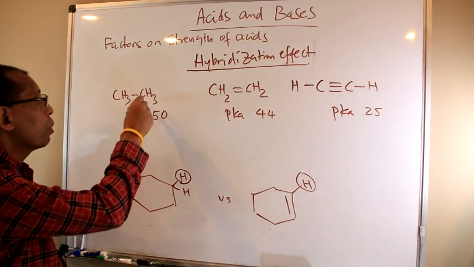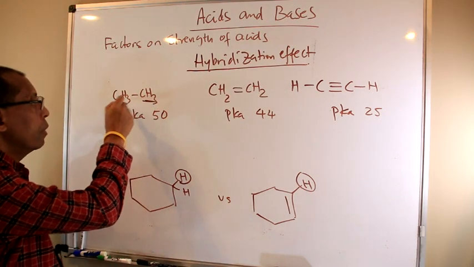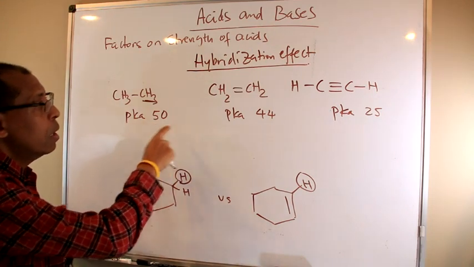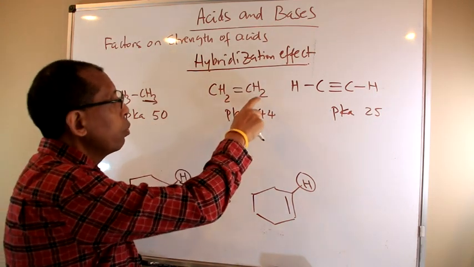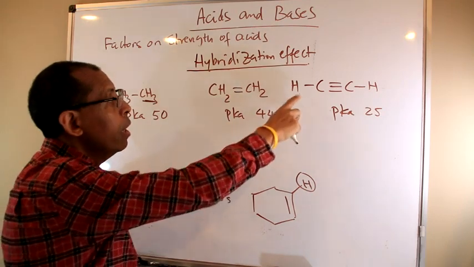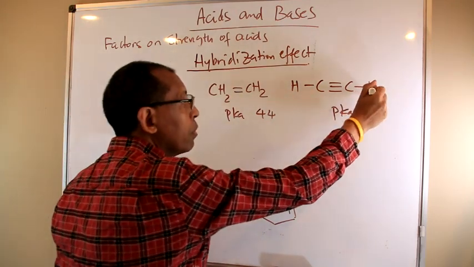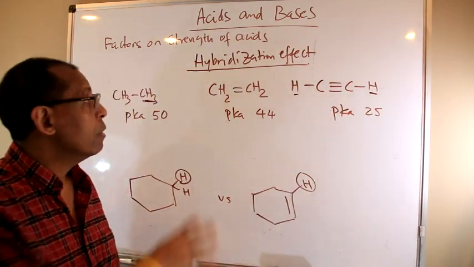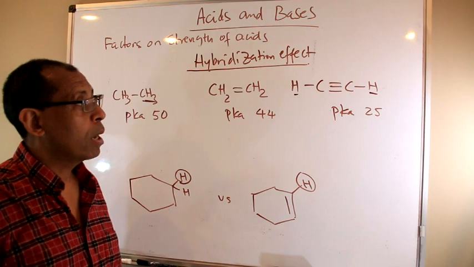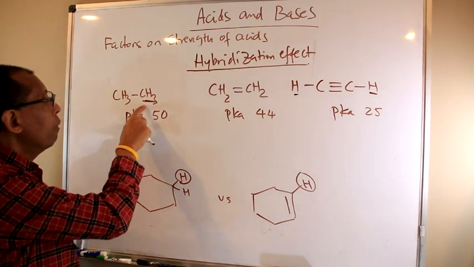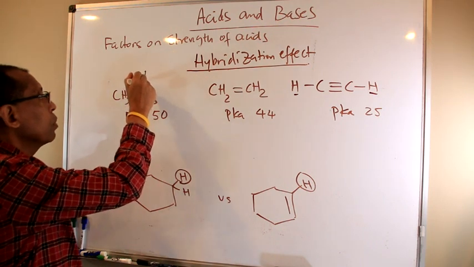If you look at these protons here, one of them has a pK of 50, that's the weakest acid. Next, one of these protons has a pK of 44, and one of these hydrogens has a pK of 25. So the only difference these carbons have, here the hybridization of this carbon is sp3.